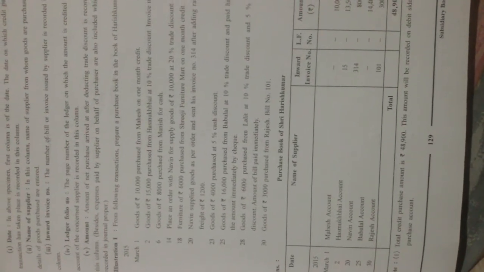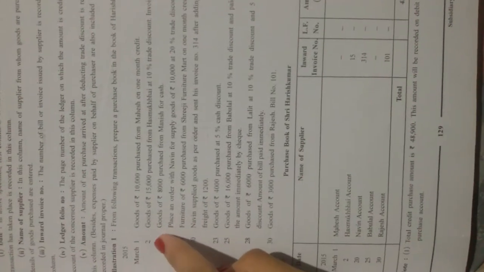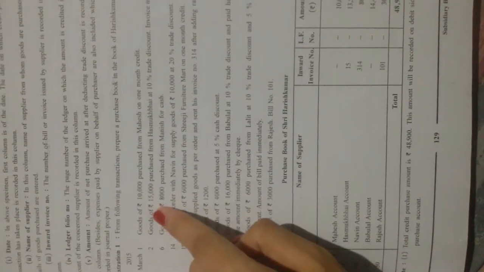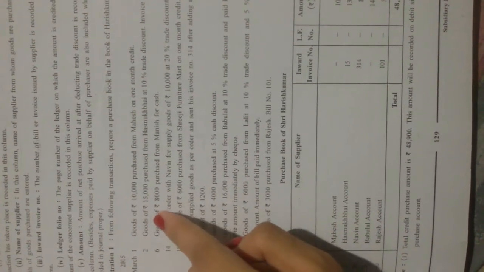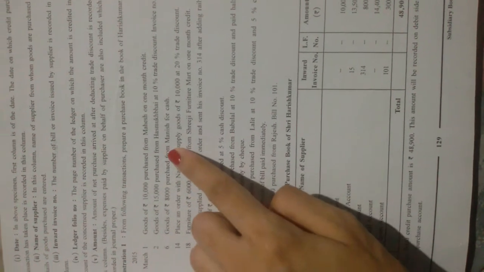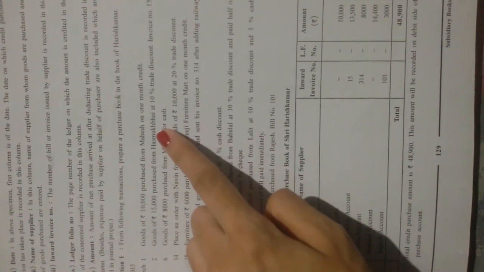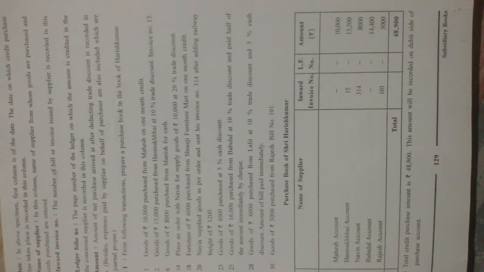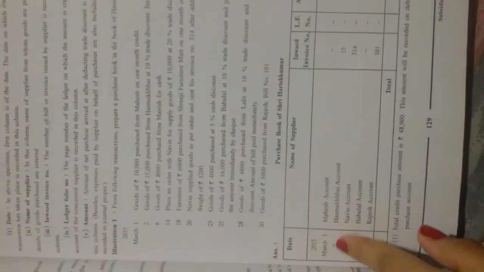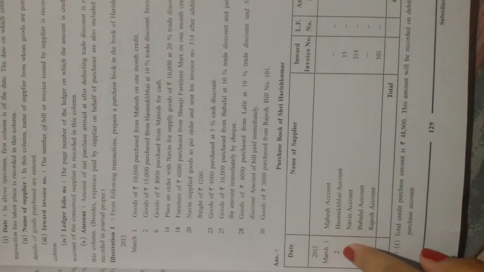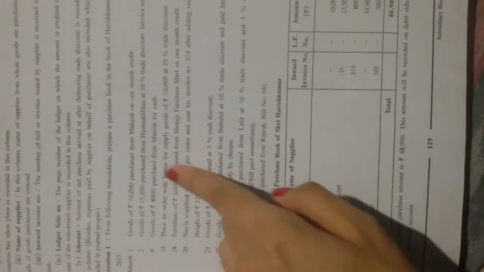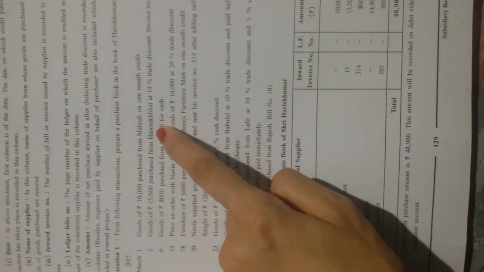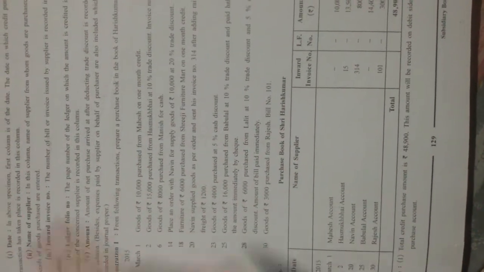Then the second transaction, which took place on March 2nd. The transaction is goods of rupees 15,000 purchased from Hasmukh Bhai at 10% trade discount, and the invoice number is 15. First of all you have to write the date, that is 2nd. Then the name of the supplier is Hasmukh Bhai, because goods are purchased from Hasmukh Bhai.